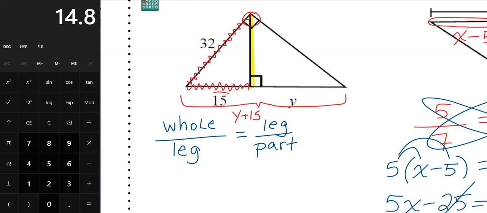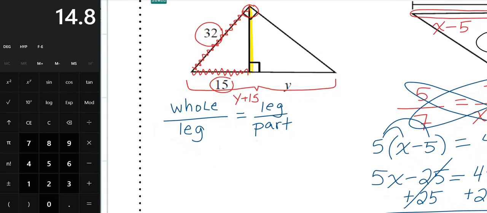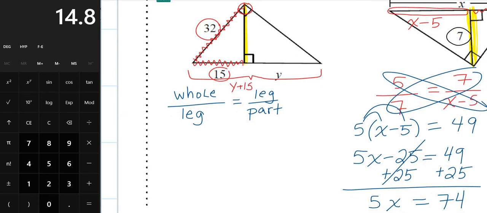So I need to use the 15 if I'm going to use a leg that's 32. So let's go ahead and put that into my proportion. So whole hypotenuse is y plus 15 all over the leg that they gave us, 32, equals the leg that they gave us, 32, over the part of the hypotenuse touching your leg, which is the 15.